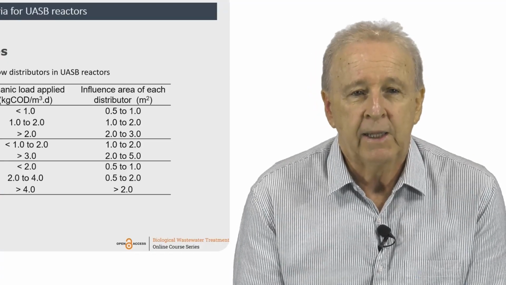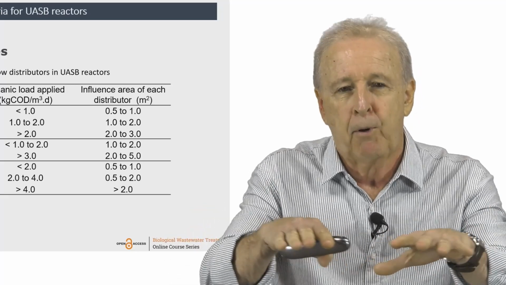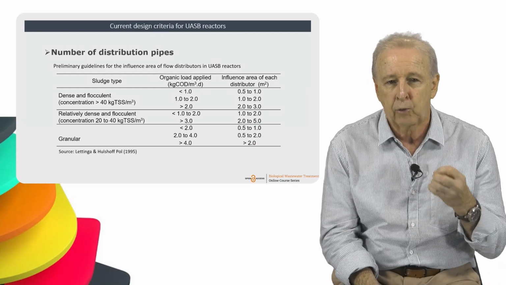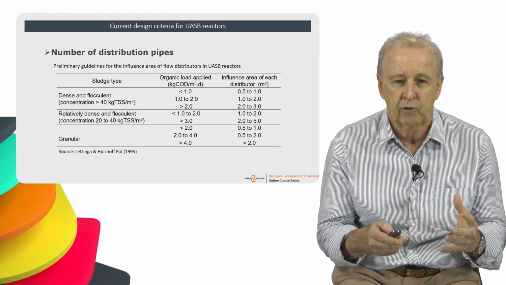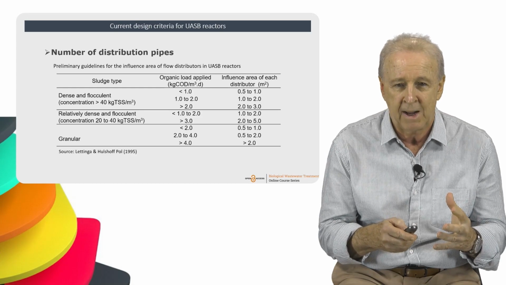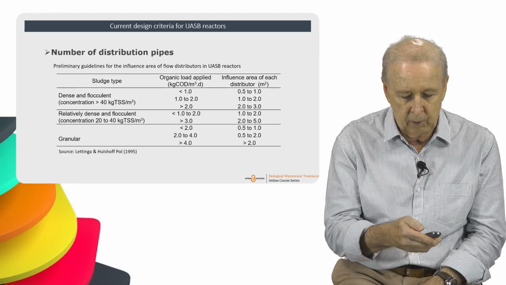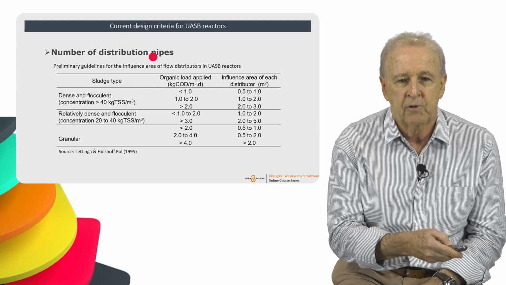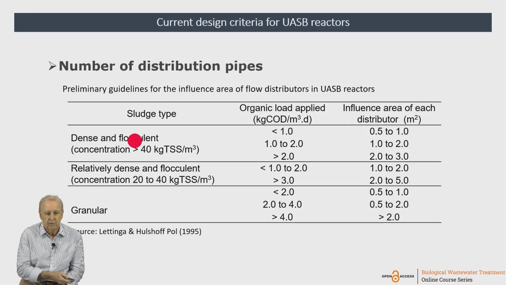Okay, how many distribution pipes do we need to cover the whole bottom area of the reactor, to have a good distribution, a good mixing, to take most of the volume of the reactor, to take most of the mass of sludge that we have inside the reactor? So we have this table that helps us to determine the number of distribution pipes. It depends on the sludge type, if it's flocculent or granular.